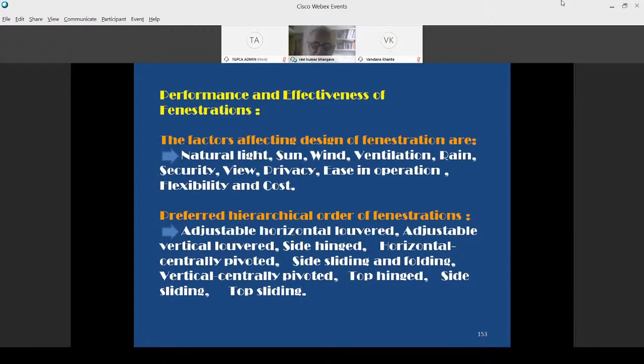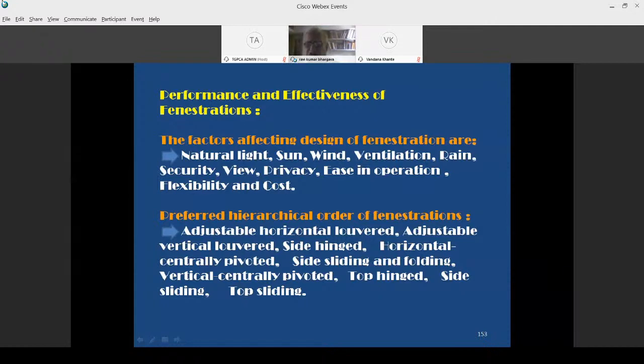Side hinge window, commonly till recent times, these were the very commonly used side hung windows or casement windows. Now we are using more sliding windows. But before that, side hinge window was very commonly used. The advantage is by opening the shutter at a particular angle, you can admit light, wind, etc. to the required level.